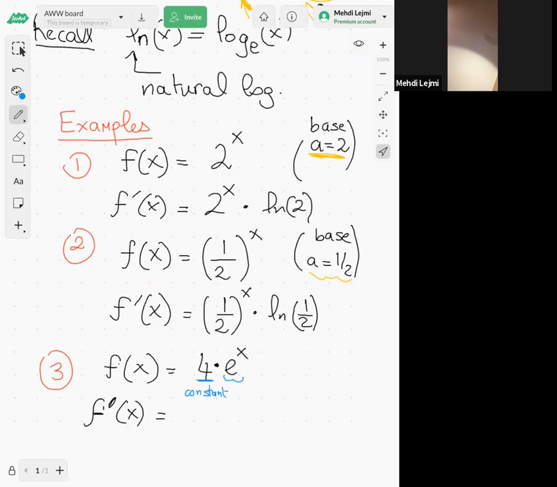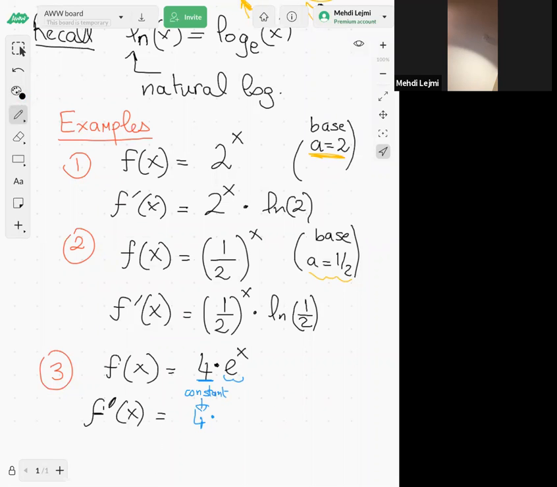So now, when we have a constant times a function, what will be the derivative? We have to keep the constant. So we keep this 4, right? And then we multiply by the derivative of the function.